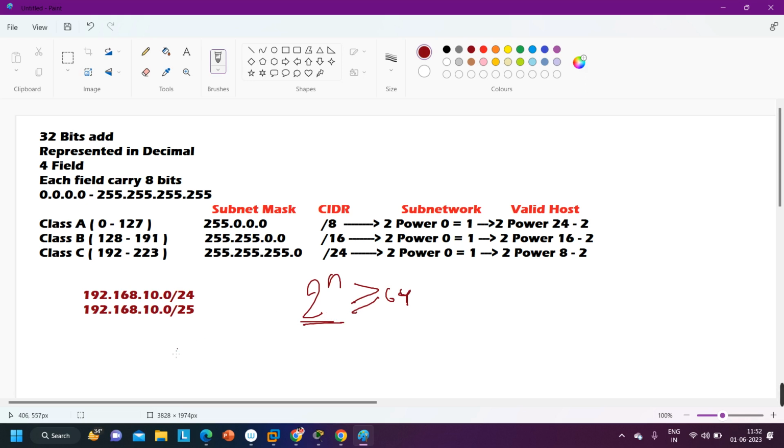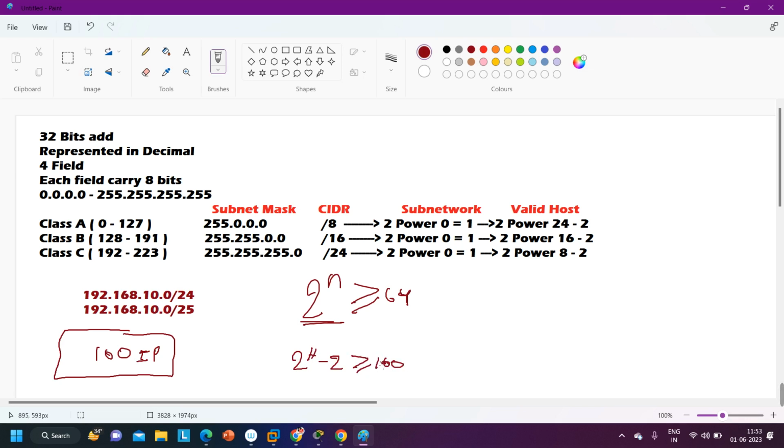In the same way, I need to design one network where I need 100 IP addresses. See, I cannot divide a network into 7 parts or 5 parts. I can divide a network into 2 parts, 4 parts, 8 parts, 16 parts, like this only. So I need to design one network where I need 100 IP addresses. The formula to calculate valid hosts is 2 to the power h minus 2, and this should be greater than or equal to 100.